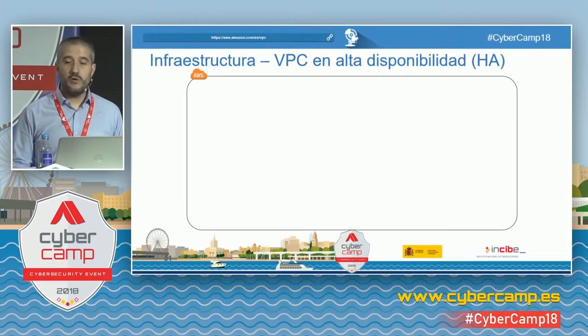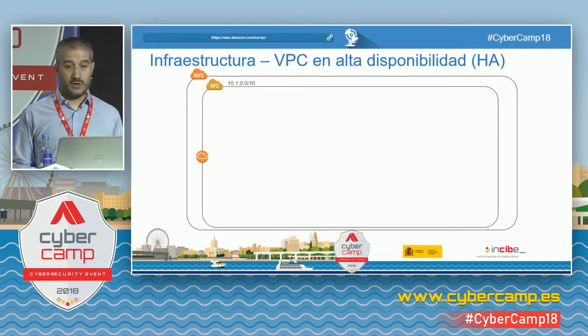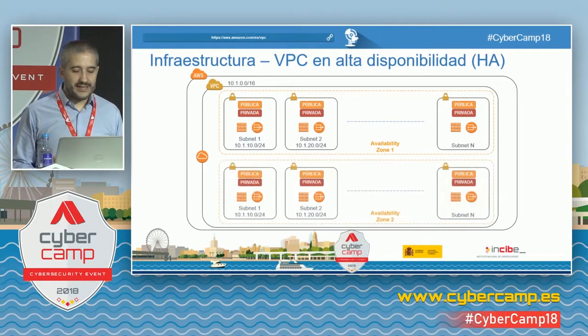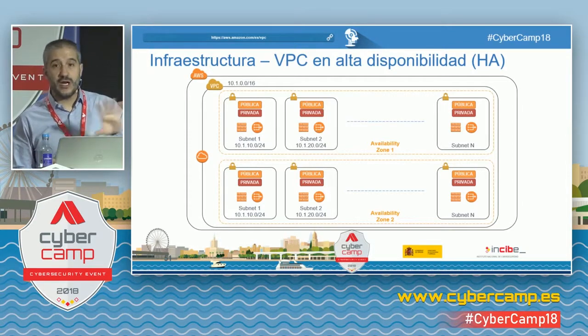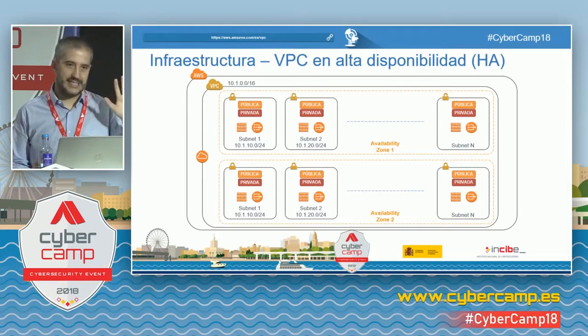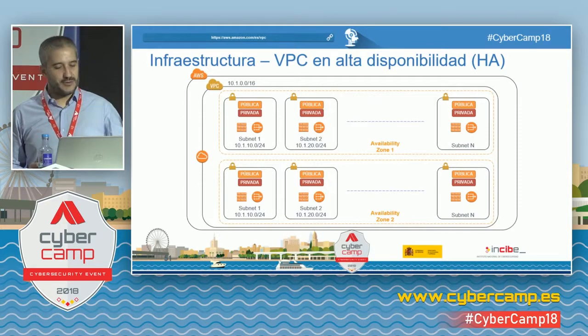A clear example here is when we set up a VPC with high availability. Here we would have a VPC with a subnet segment inside, which is availability 1, and then another one is availability 2. So we will use only one, but if there's a catastrophe for this, it has to be a true disaster.